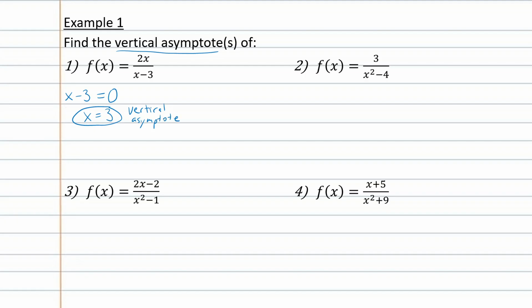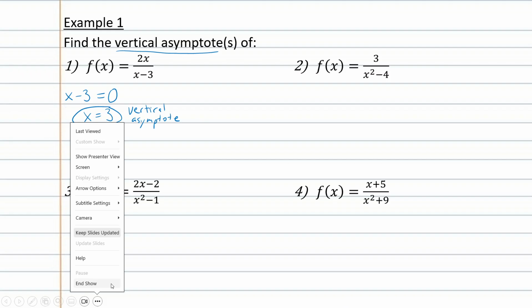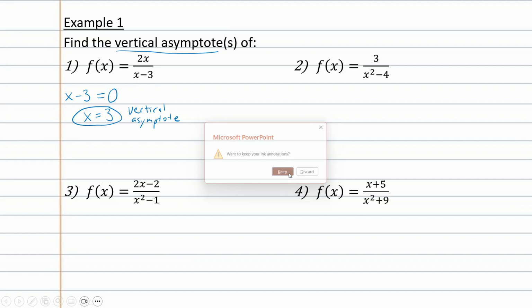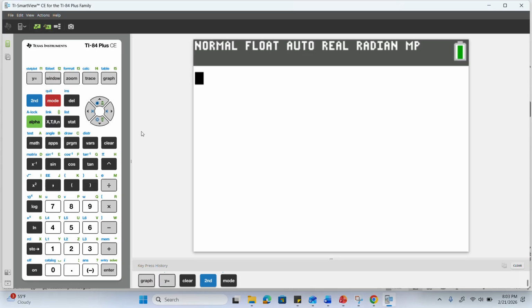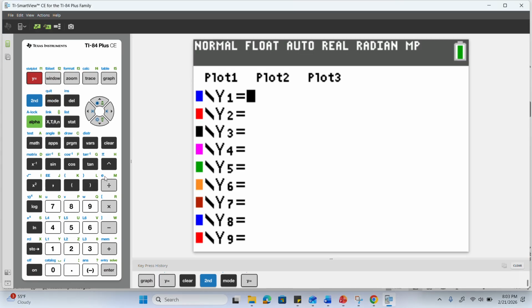You're like, okay, but what does that look like? I'm going to take you over here to the TI, and we're going to graph it. So I'm going to pull my TI up. I'm going to graph it. Y equals 2x divided by x minus 3.